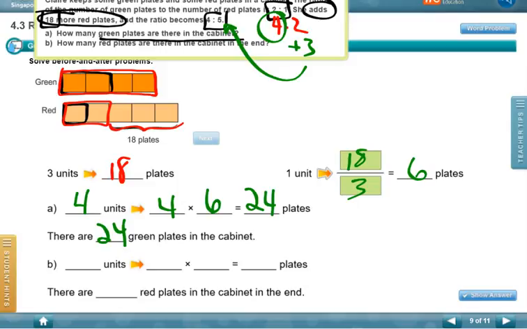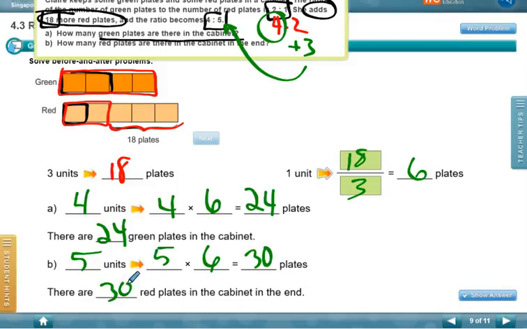Well, originally we should be able to reason out that if there are 24 green plates in the cabinet, that means there's going to be 12 red plates. So I could add 18 to it. Or I know that there are 5 units in the picture. 5 units times 6 plates per unit. That's going to be 30 plates. So there are 30 plates in the cabinet at the end.